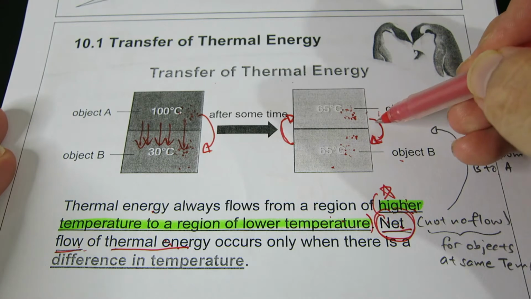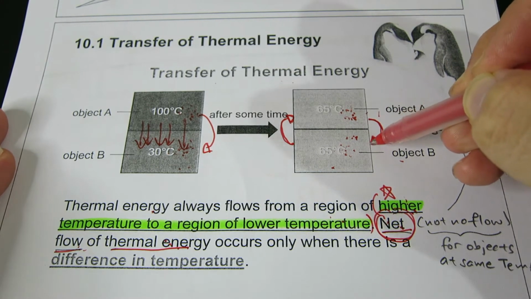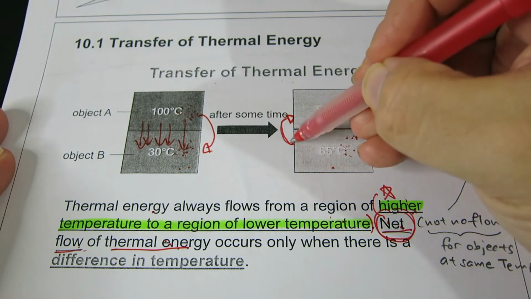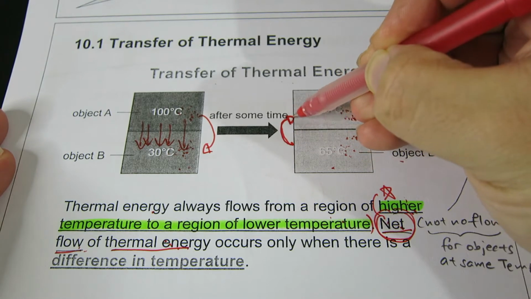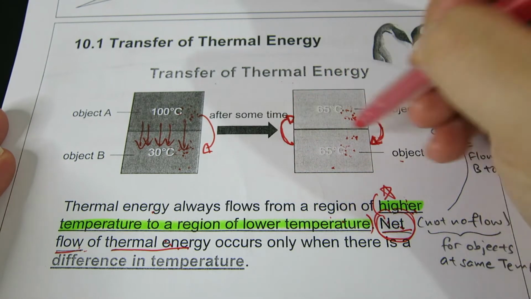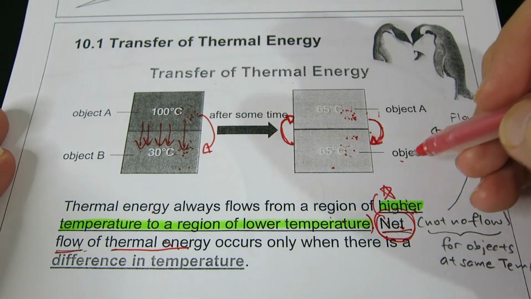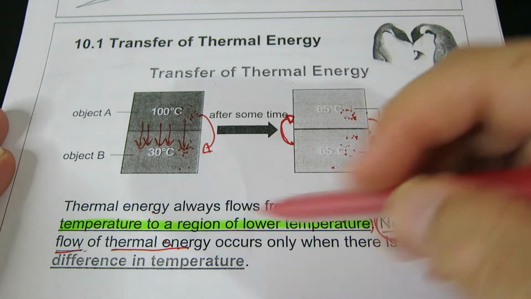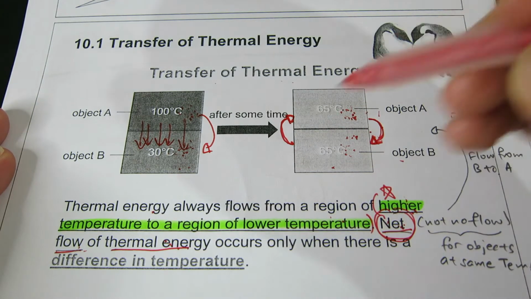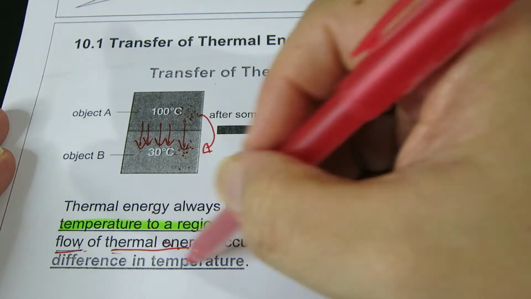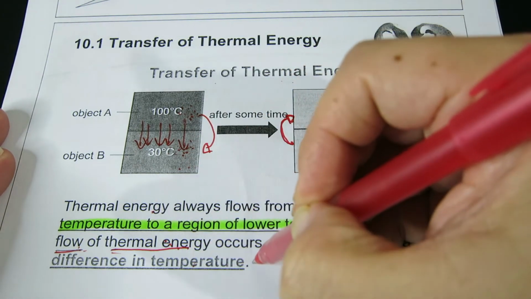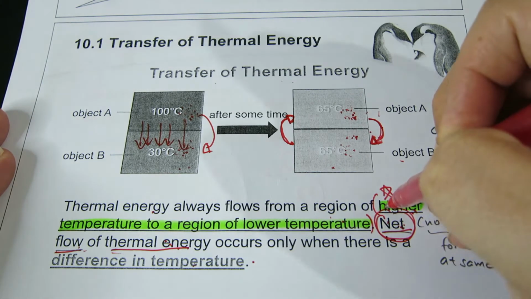There will be a flow of thermal energy from A towards B. In turn, there is also a flow of thermal energy from B to A. It is just that these two amounts are the same. That's why the net effect is that there is no flow of thermal energy. So again, net flow of thermal energy can only occur with a difference in temperature, and it flows from high to low.